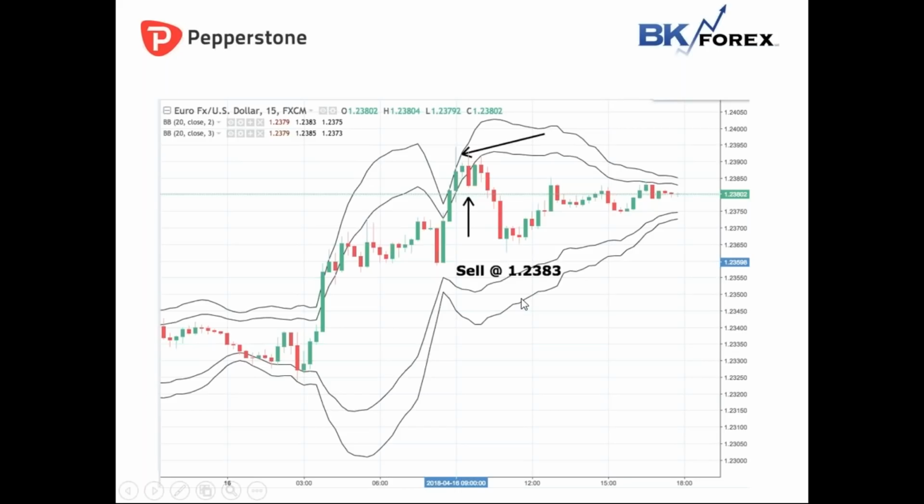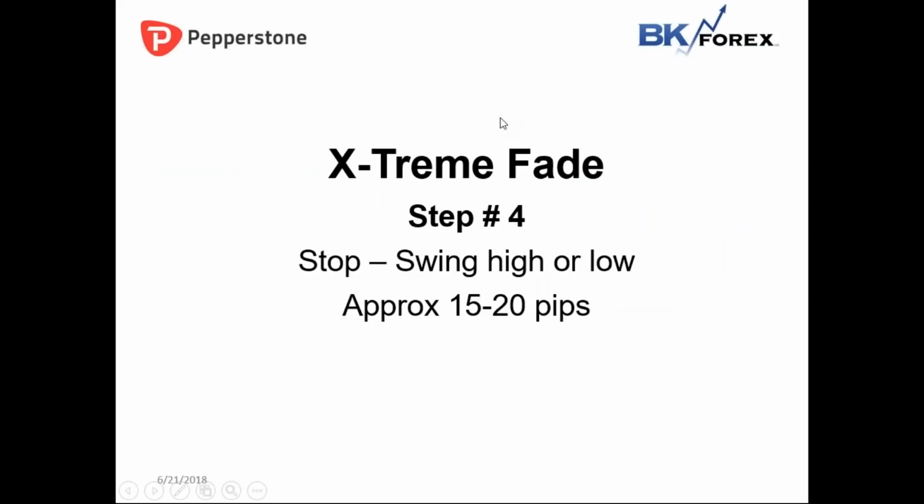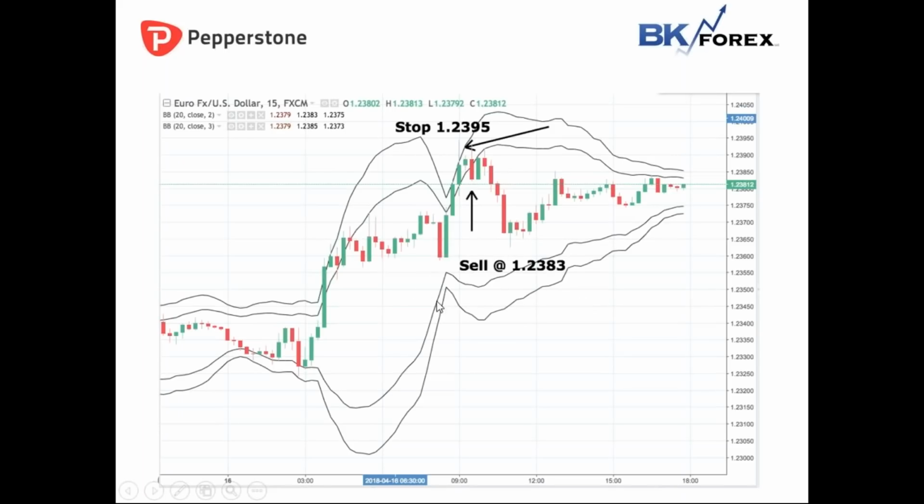So we sold here at 123.83. Stop is the swing high, which in this case is generally only about 15 to 20 pips. And your target usually can go for 1 to 2 times risk, but if the stop is small, you can typically go for a smaller amount of pippage.